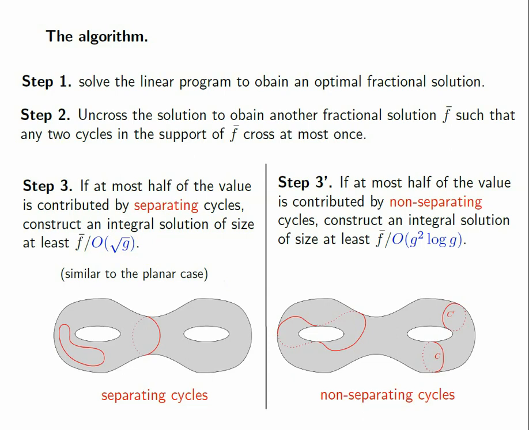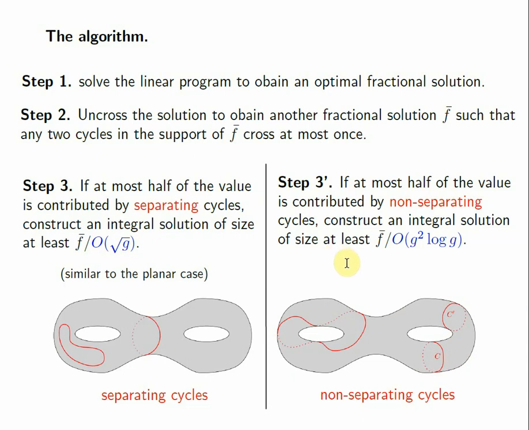On higher genus surfaces, however, there can be cycles, like C in the bottom right figure, such that when we cut the surface along those cycles, we do not disconnect the surface. In this second case, we will thus consider the case when at least half of the value of the flow is contributed by non-separating cycles.